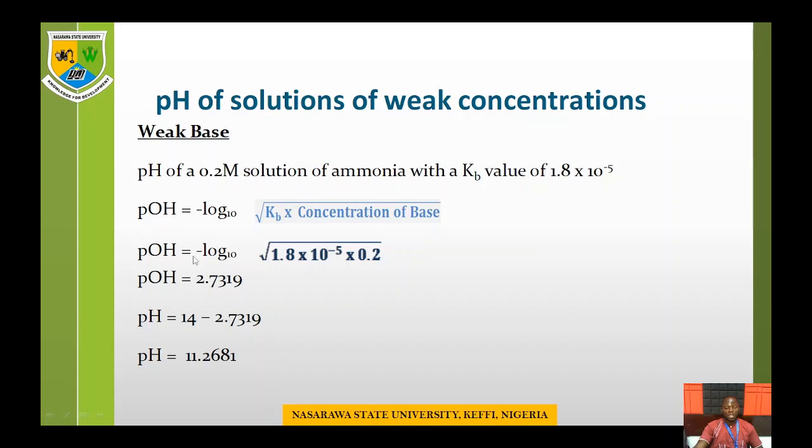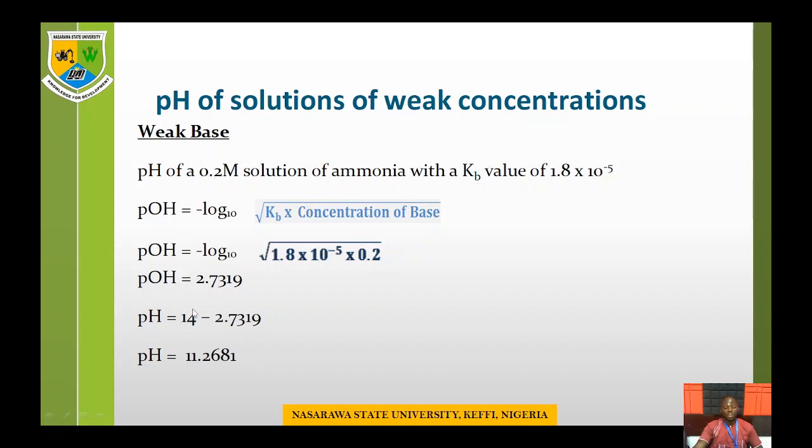So pOH, substituting all this into the equation, equals negative logarithm to base 10 of the square root of 1.8 times 10 to the minus 5 times 0.2. 0.2 is the molar concentration of the base as given in the question.